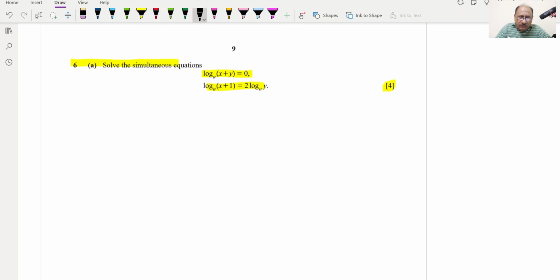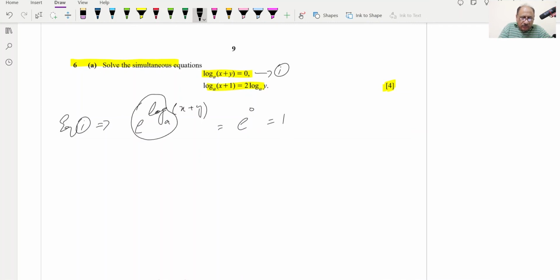So we can take equation 1, which implies we can take power e on both sides. So e raised to the power log with base a of x plus y is equal to e raised to the power 0, and we know e raised to the power 0 is equal to 1. So our log and e will cancel, and it will be x plus y is equal to 1.